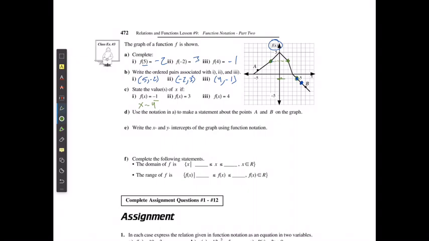When f of x is 3, x is either equal to -2 on the left, or +2 on the right. And at the same rate, when f of x is equal to 4, this one also has 2 respective points. There, x is going to either equal -1 or +1.